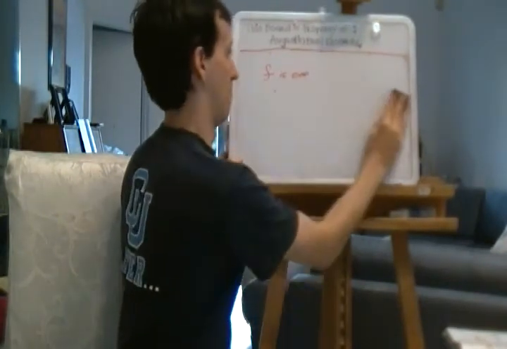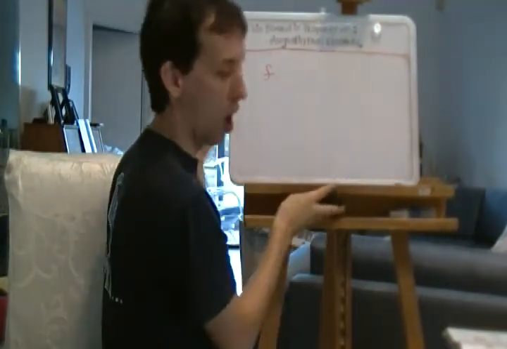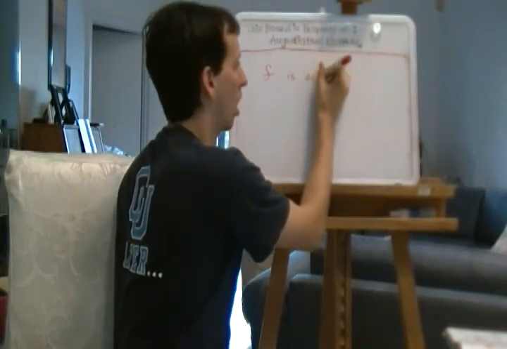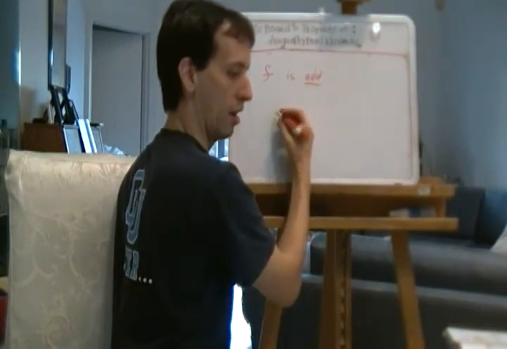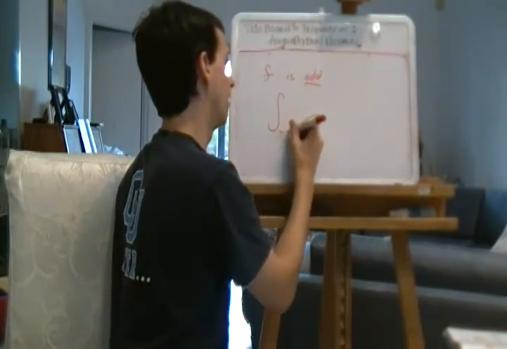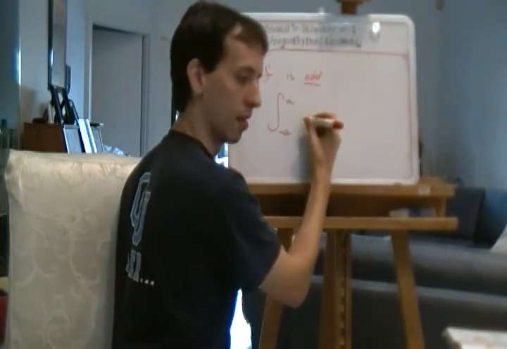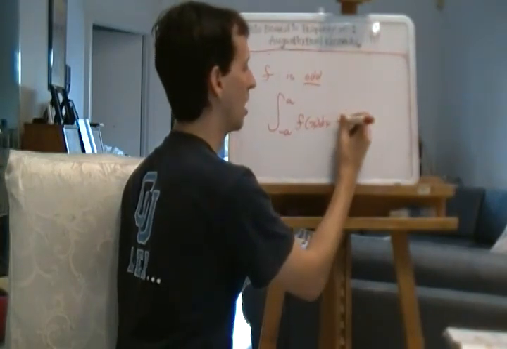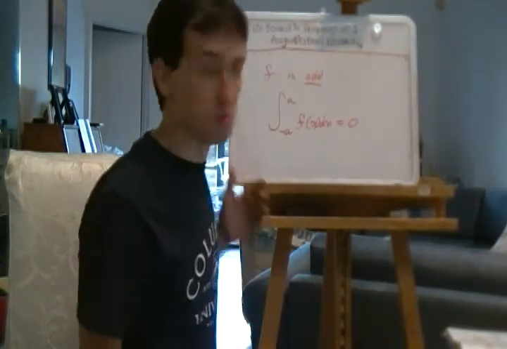That's an even. If f is odd, then the integral from negative a to a of f of x dx equals 0. This makes sense too.